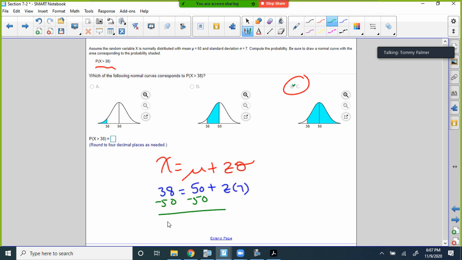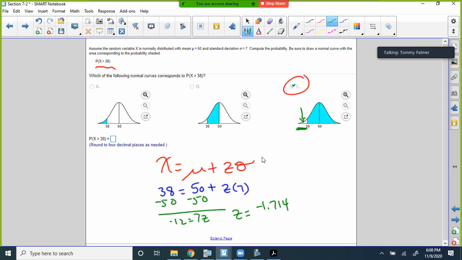And that gives us negative 12 equals 7z. And we get a z-score of negative 1.714. Okay? So that's how you find a z-score of negative 1.714. And that z-score is going to reference this unshaded portion right here, everything to the left of that.